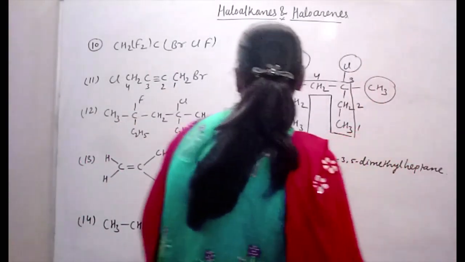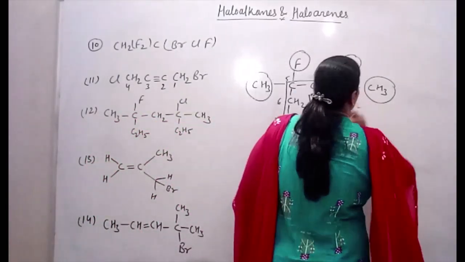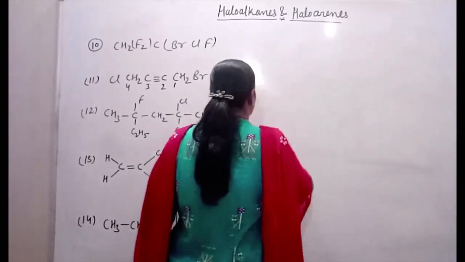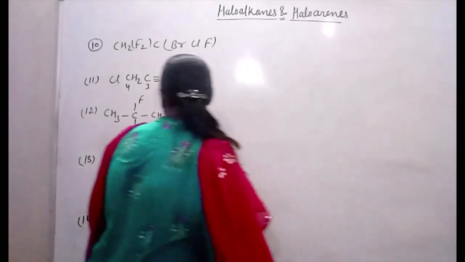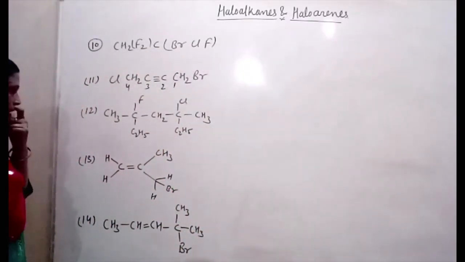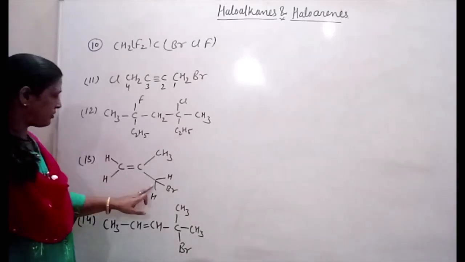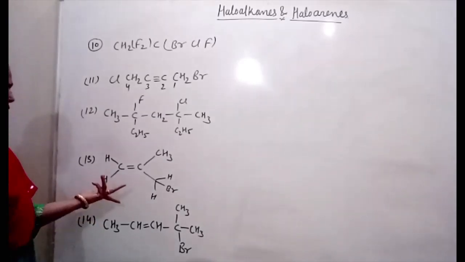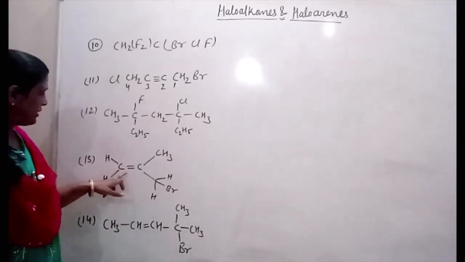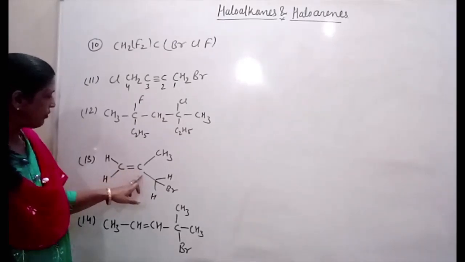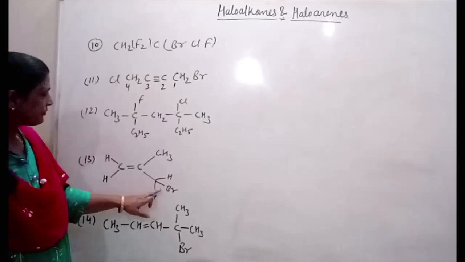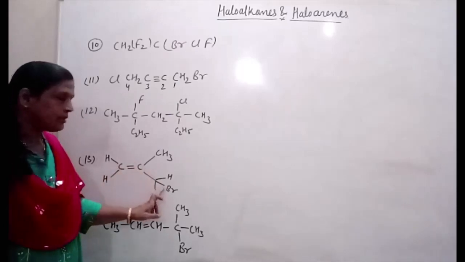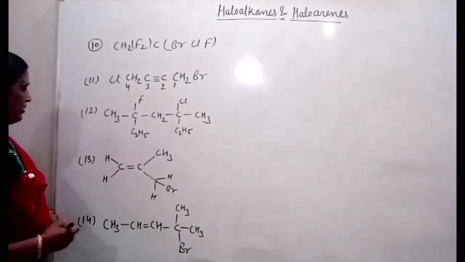Now move on to the next. The next compound is this. Here you can see 1, 2, 3. Now the question is which chain is the parent chain? If I take this chain 1, 2, 3, then this bromine atom is included in the parent chain. So I will take this chain as the parent chain, then number it.